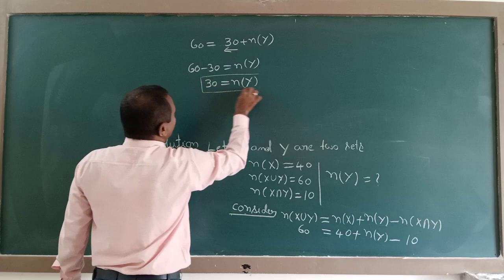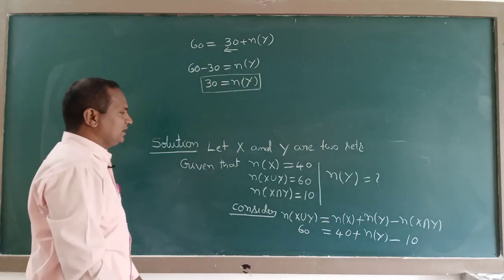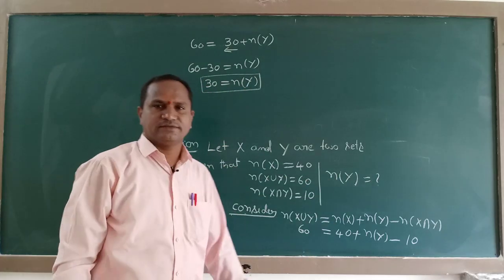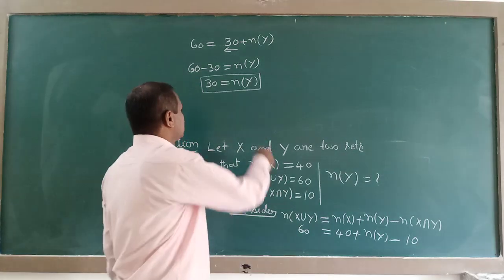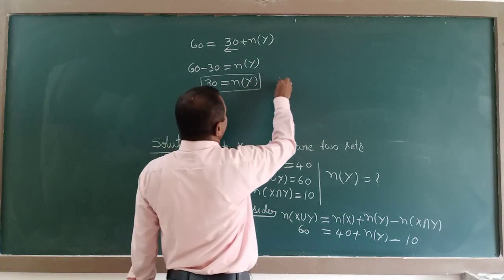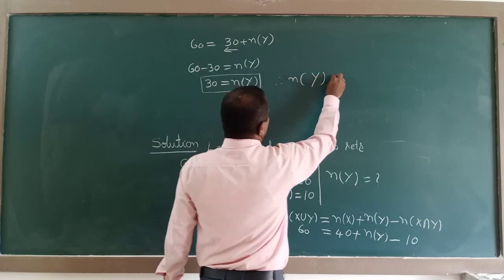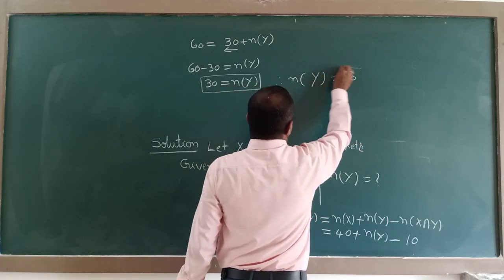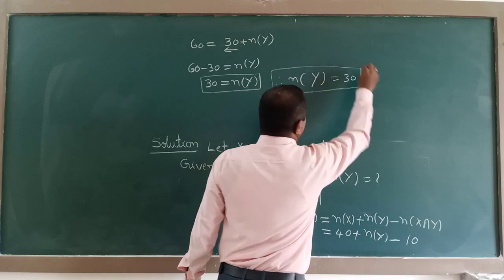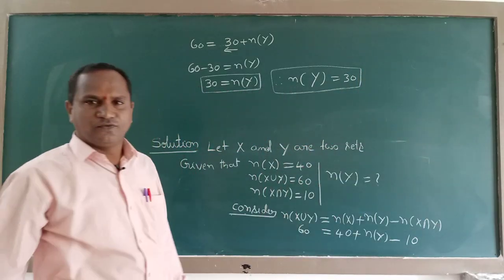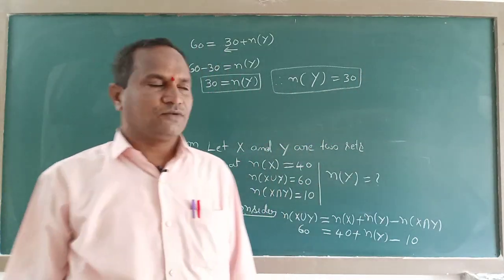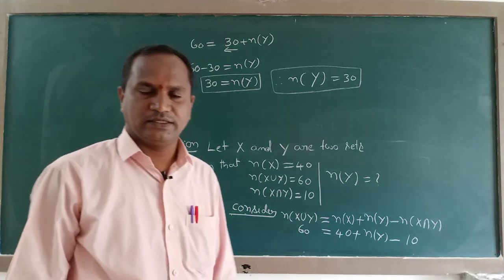Therefore, the number of elements for the set y we got here is 30. We can write n of y is equal to 30. It is the answer for this question. We found the value for the unknown, that is, n of y is equal to 30.